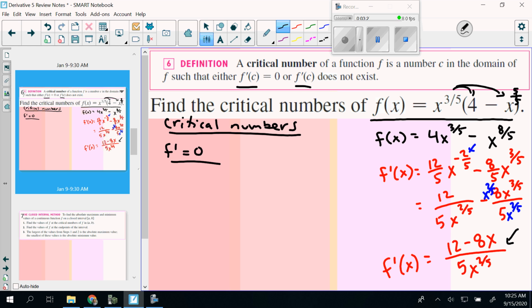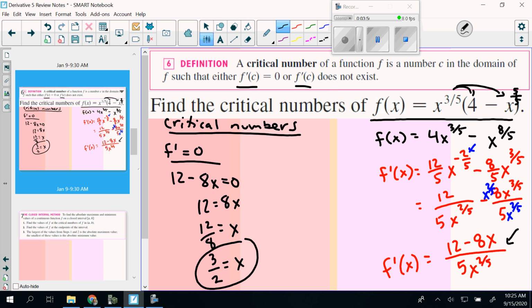So if I set that numerator equal to 0 and solve it, that'll tell me a critical number. I'm going to add the 8x over and divide by 8 now, so I get 12 over 8. Or simplified, I think 4 goes into both of those, we get 3/2. So one critical number here is 3/2 or 1.5. So that's a critical number of this function.